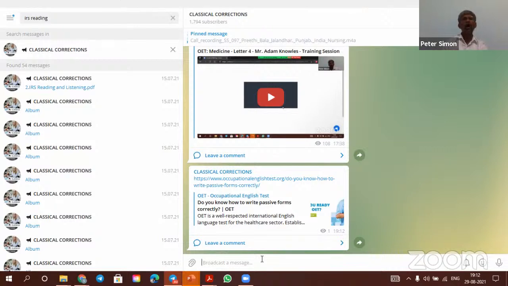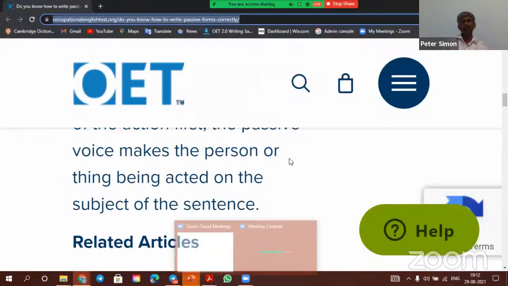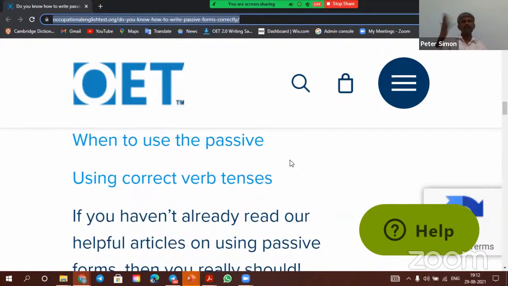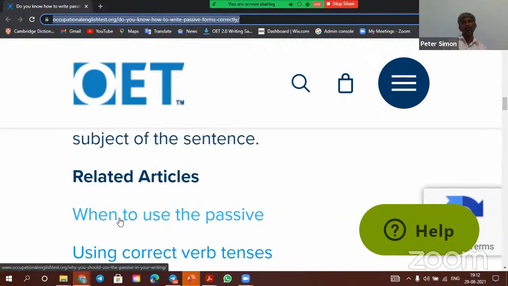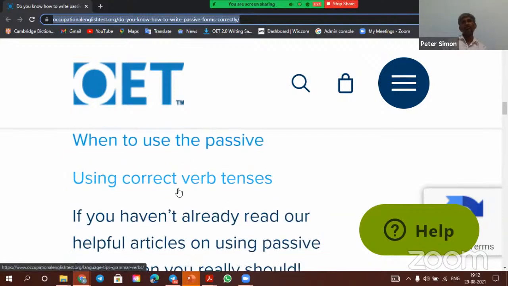How to write. Do you know how to write? That's what he's telling you, the official OET. Because directly teaching the letter, there is no meaning. First of all, learn passive sentences. How to write passive sentences. Now, then when to use passives? Using correct verb tenses.